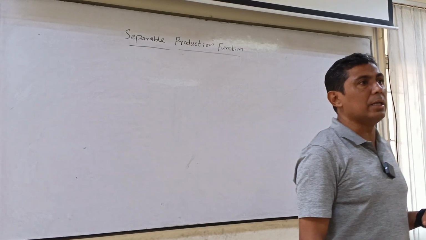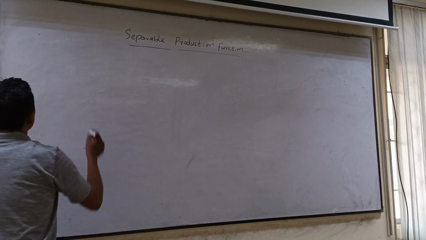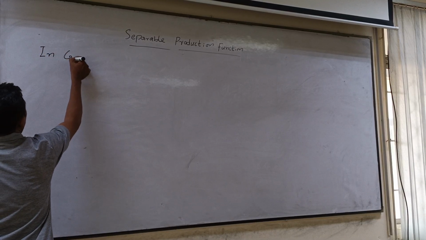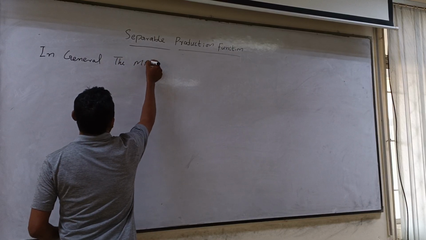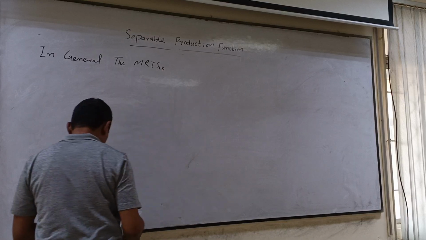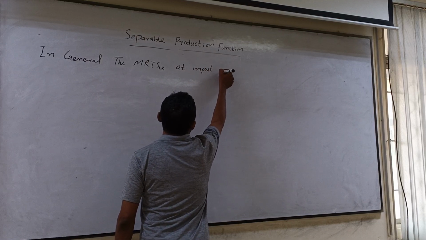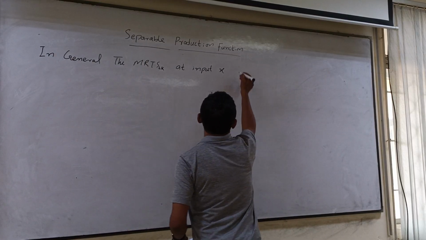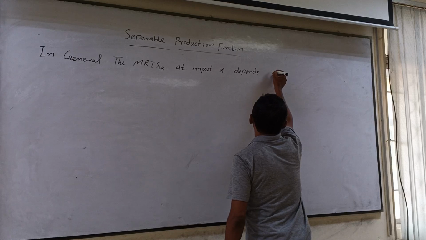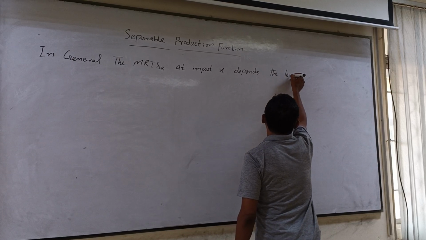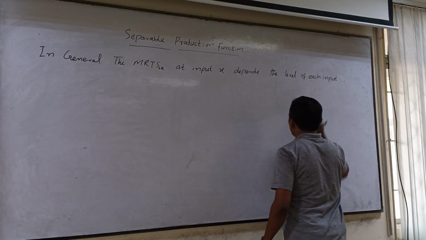So how can you define theoretically what a separable production function is? For example, in general, the MRTS between labor and capital at input X depends on the level of each input.